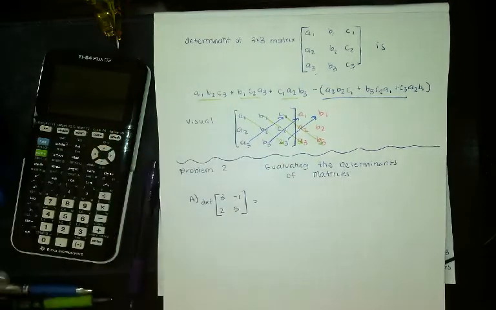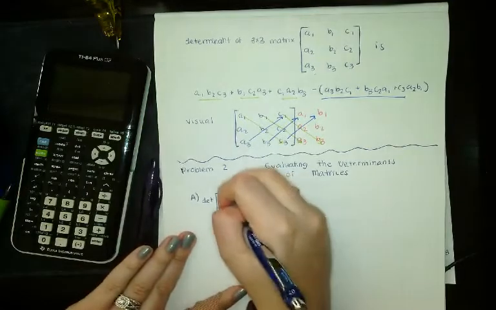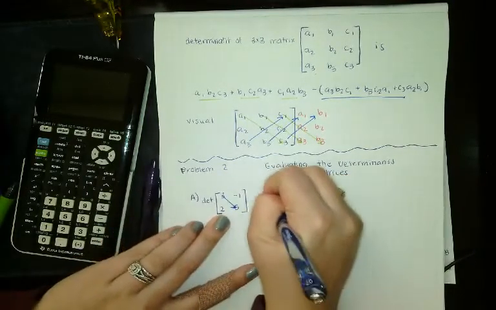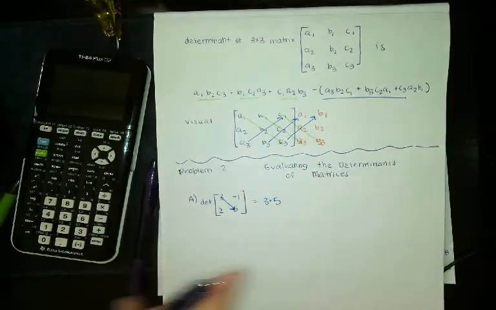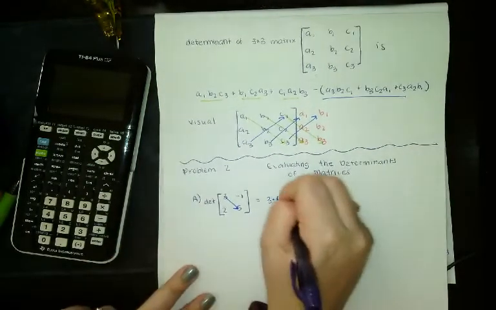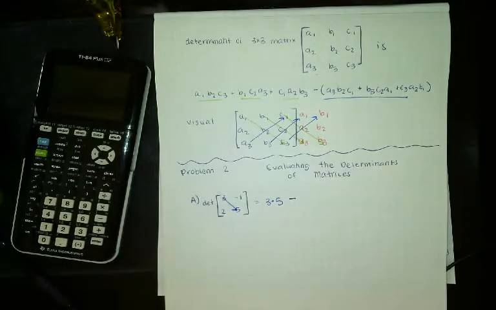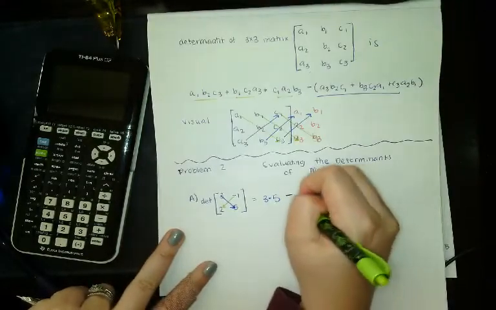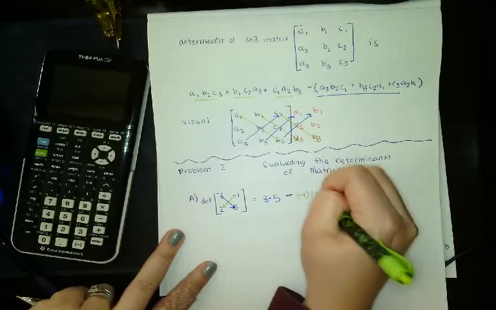Okay, so 2 by 2s are easy. We just go from left to right first and down, and we get 3 times 5. And then we minus from right to left, up and down, -1 times 2.